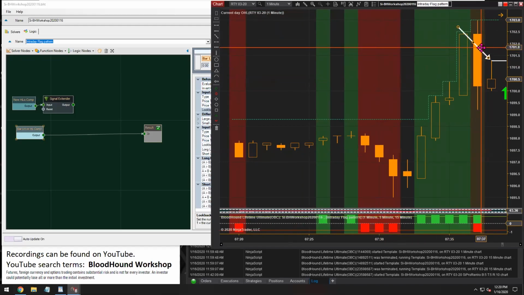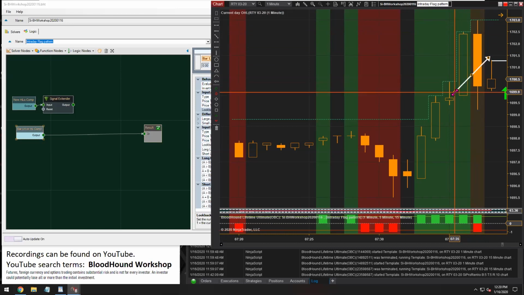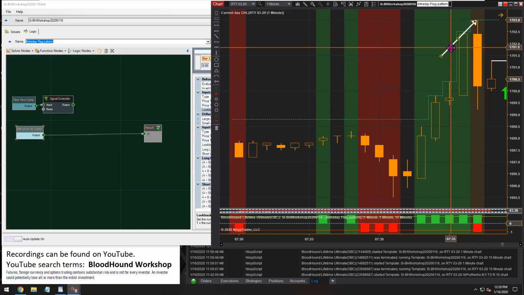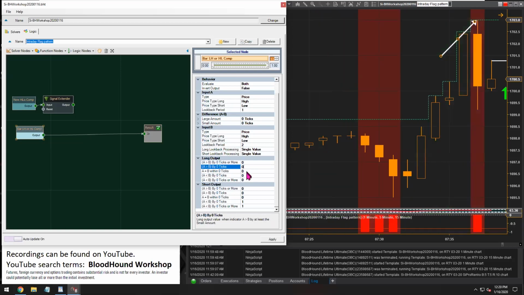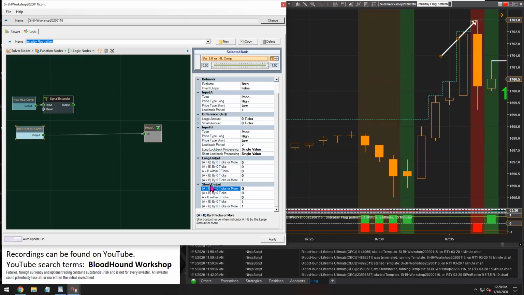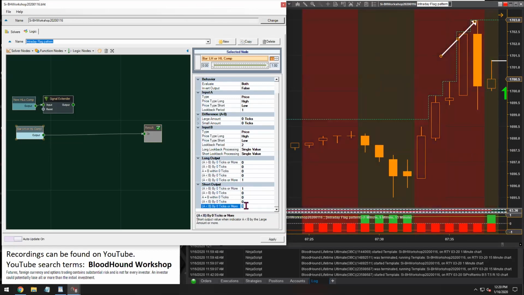The high of the current bar is less than the high of the previous bar. Input A is our current bar, input B is the previous bar back, so we want A less than B. So let's turn that on there. And for the short output, we just want the opposite, so we'll turn the opposite outputs on and off.